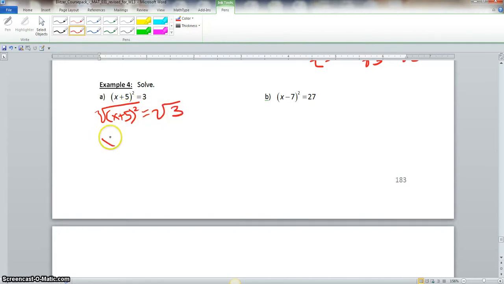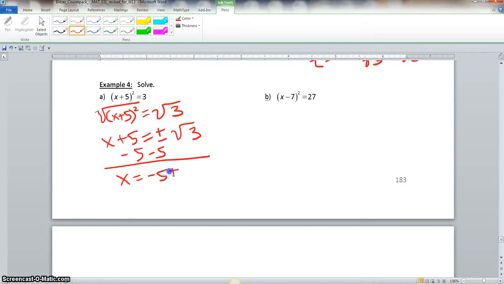And then we would be left with x plus 5 is equal to positive and negative square root of 3. Now we have to get rid of this 5 from the x. So we'll subtract 5 on both sides. And x is equal to negative 5 plus or minus the square root of 3. And that's it. Now we come to B.